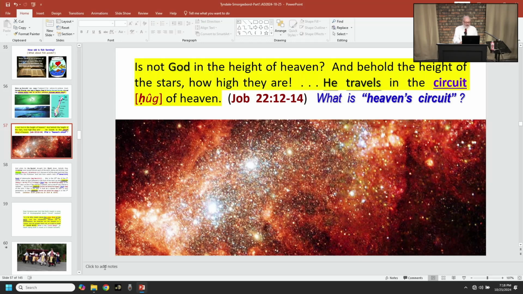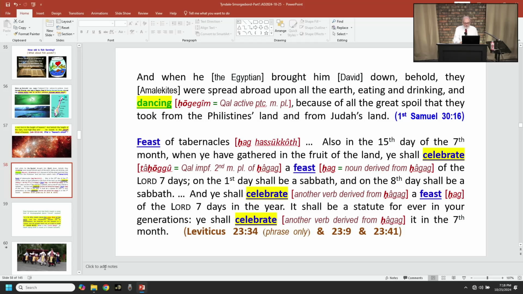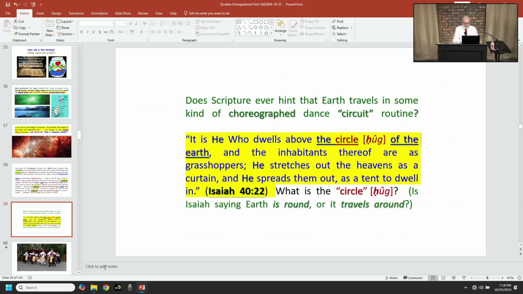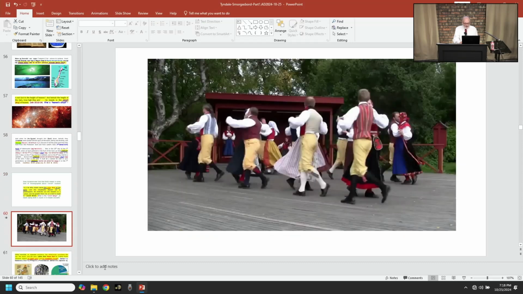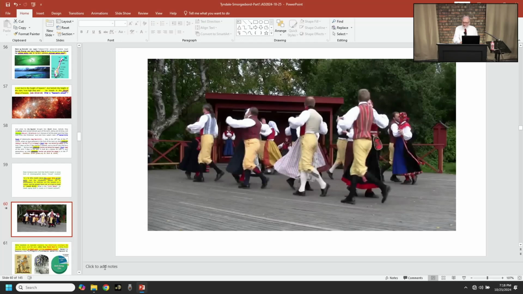God has designed the heavenly bodies so that they are in this very choreographed dance that celebrates the glory that God has given them. The one who sits above the circle of the earth, that circle is like a very choreographed dance.